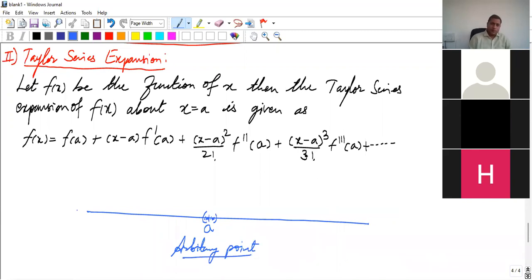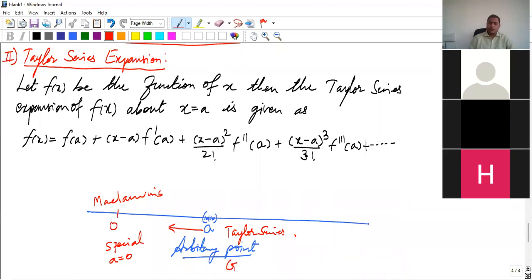But when we think of the Maclaurin series, we shift this a to 0. And hence, here we'll get Maclaurin series. Here we have Taylor series. So it is obvious that if I consider a special case, that is a is equal to 0, then we get Maclaurin series.